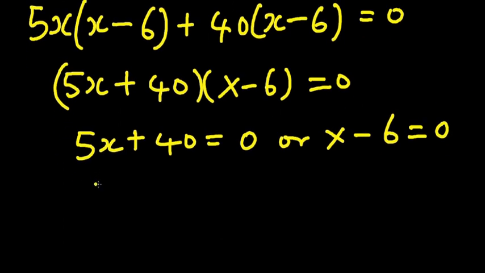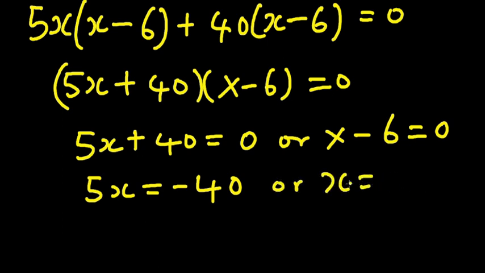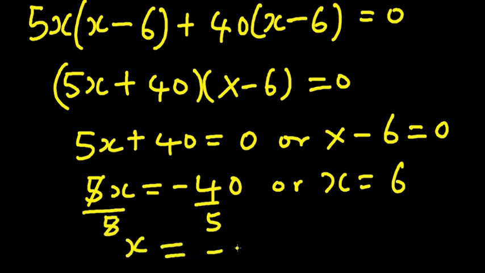As we have 5x plus 40 equals 0, or x minus 6 equals 0. So 5x equals negative 40, or x equals 6. Dividing both sides by 5 in order to isolate x, we have x equals negative 8. That's negative 40 divided by 5, or 6. So that's the answer.